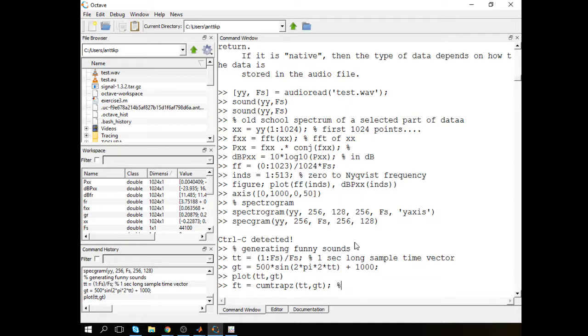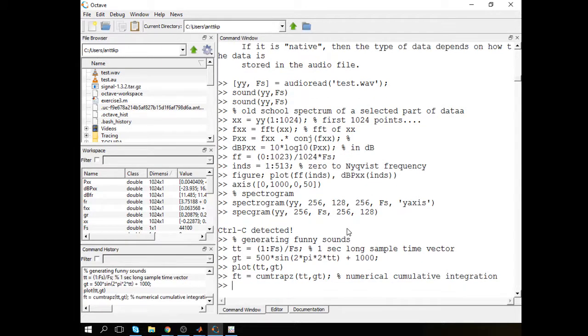So numerical integration. Not just any integration, cumulative integration. And then this is ready to go inside of sine of 2 pi, thus that f(t). No t is required anymore. It's already inside of this one.